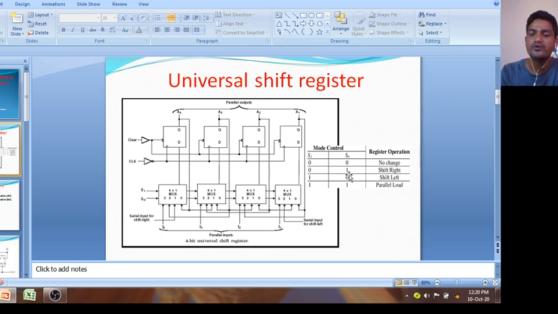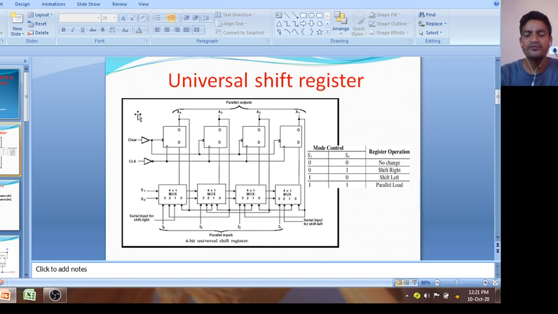In 1 0 you will use I2 of the multiplexer and data will shift towards the left. When 1 1, I3, it will work as parallel load and you will use I3 of each mux, this, this, this and this. In this way you can remember this circuit diagram.